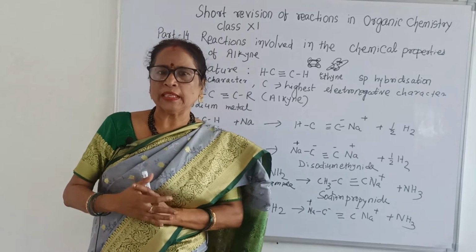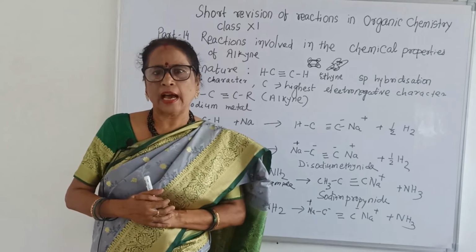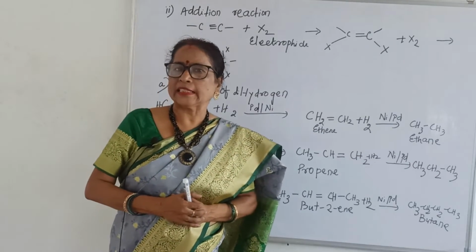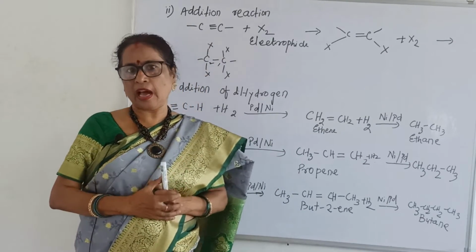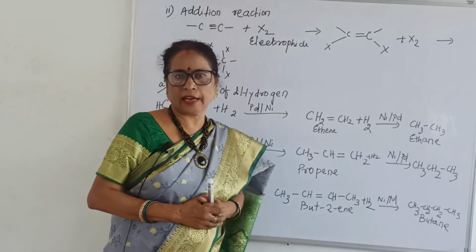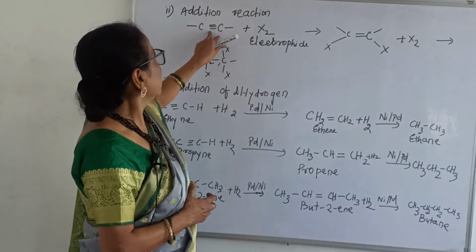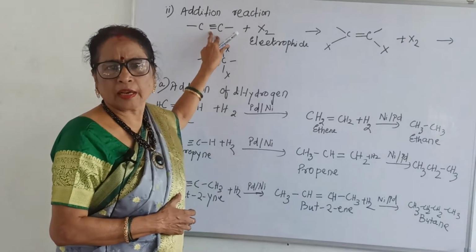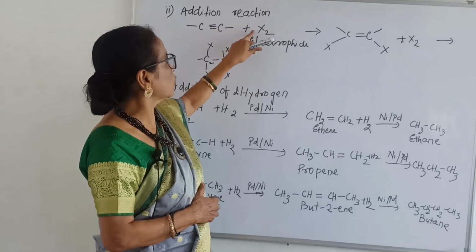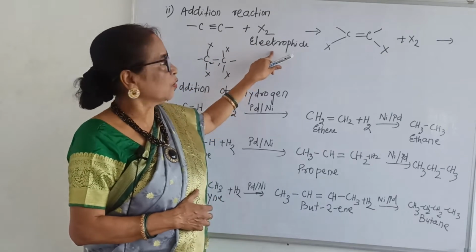Now we will see what the addition reaction in alkyne is. After the acidic character of alkyne, we will see the addition reaction of alkyne. The addition reaction is a very important part of alkyne. Now see, suppose this is an alkyne and X2 is added, which is an electrophile.